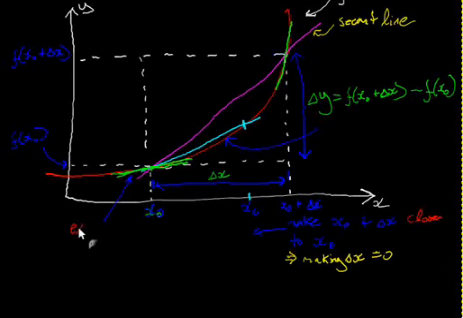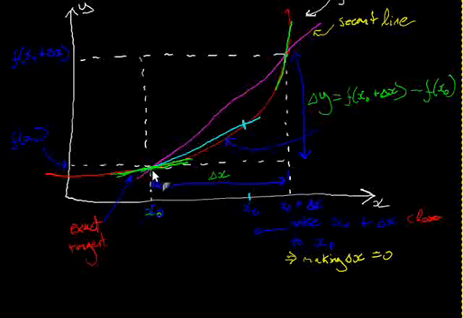Now this corresponds to making delta x equal to 0, because if delta x is equal to 0, then x0 plus delta x will be x0.